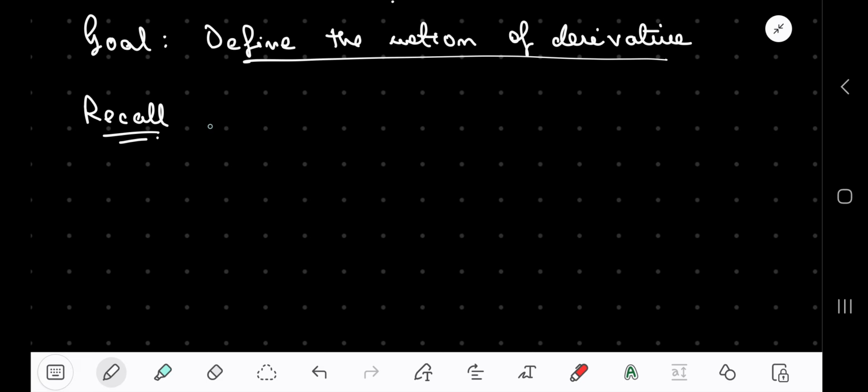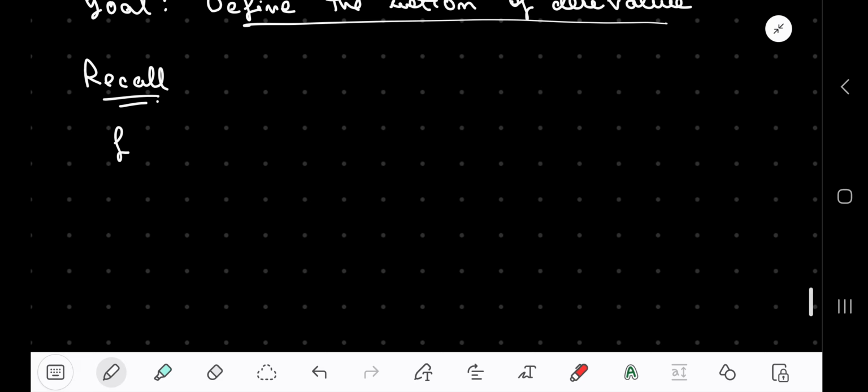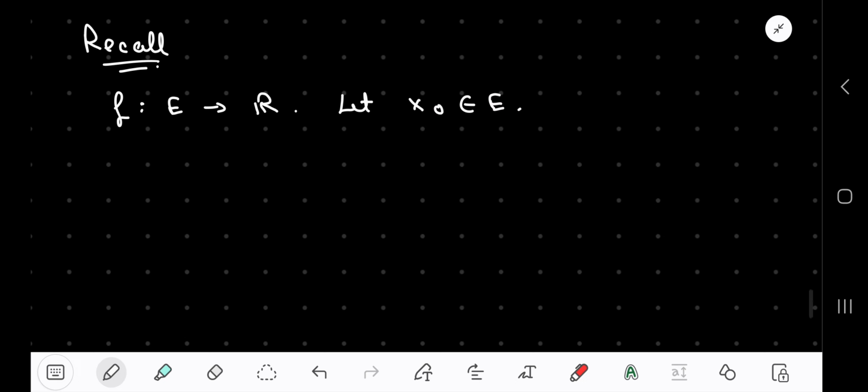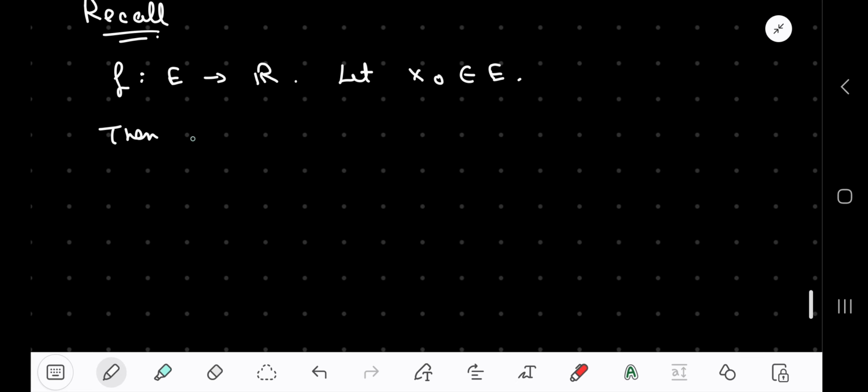So recall, if I am given a function f from E to R, and let x naught be in E, then the derivative at x naught was defined to be, okay, I need x naught to be a limit point, because in order to define a limit at x naught, okay, but still that is something which you should already know.